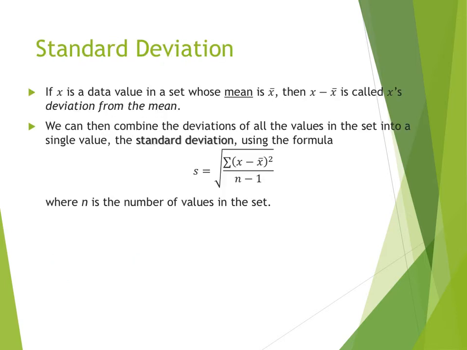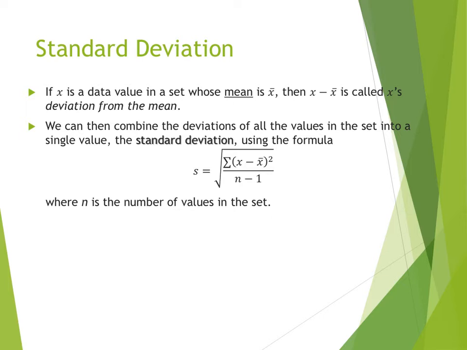Now, standard deviation. So if x is a data value in a set whose mean is x bar, then x minus x bar is called the x's deviation from the mean. We can then combine the deviations of all the values in the set into a single value.